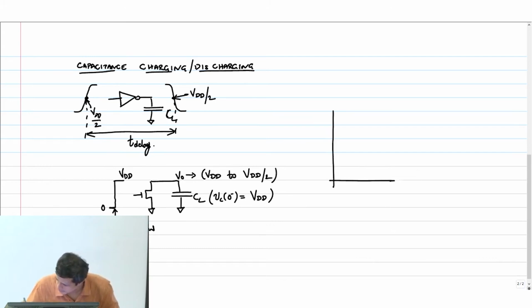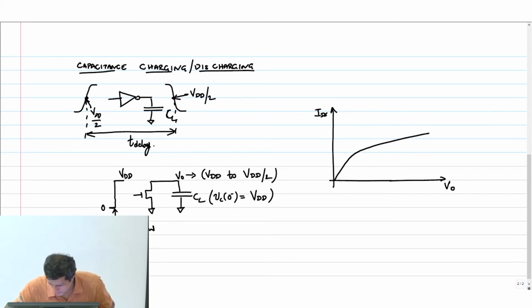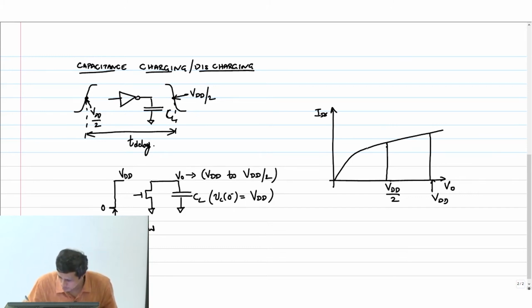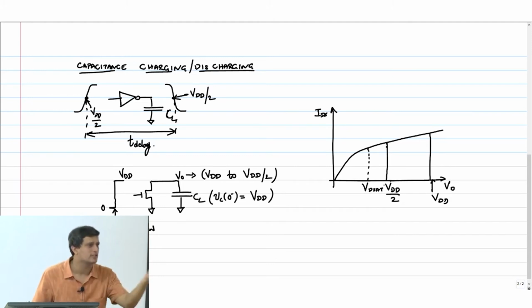So the currents look like this, ID, and this is V0. Right, this is my point where it is VDD, this is VDD, and somewhere here is VDD by 2. I am assuming VDD is large enough such that VDD by 2 is to the right of VD sat, so that I don't have to deal with a change in region of operation. Okay, So this is an assumption.